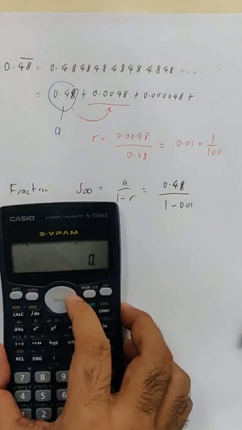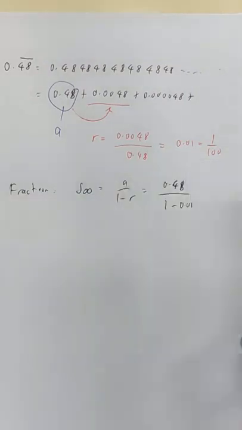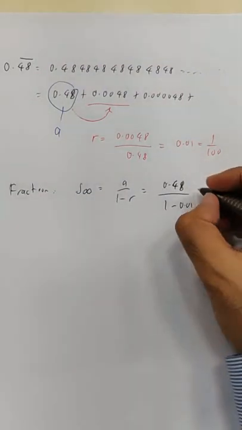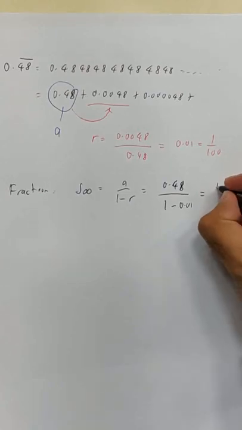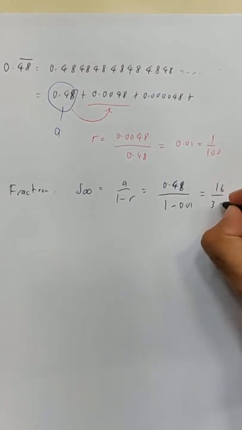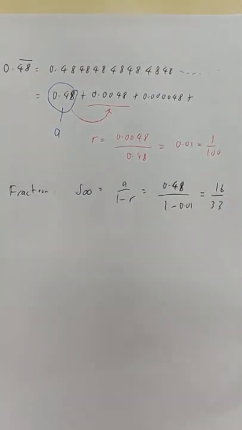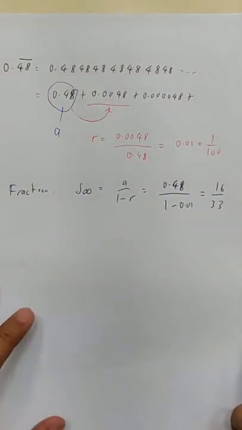Try. There we got a faster human calculator. 16 over 33. Could you have guessed that in exams? Absolutely not. Okay, you get the idea?